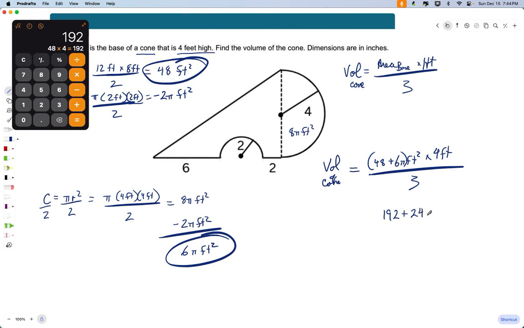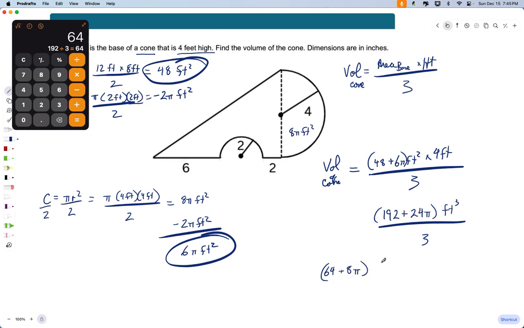All right, now all of this is feet cubed because we had feet twice, feet a third time, and we're going to divide that by 3. So 192 divided by 3 is 64, and 24 divided by 3, that's 8 pi feet cubed.